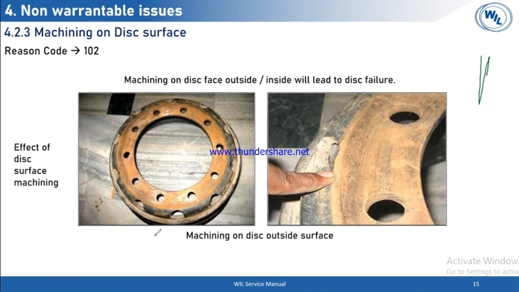When we do machining, the thickness is also reduced. At the same time, there will be a notch creation, and the dishing dimensions we maintain also get disturbed. So the crack initiation will start from the machined area. Any machining of the disc inside or outside is also not accepted under warranty.